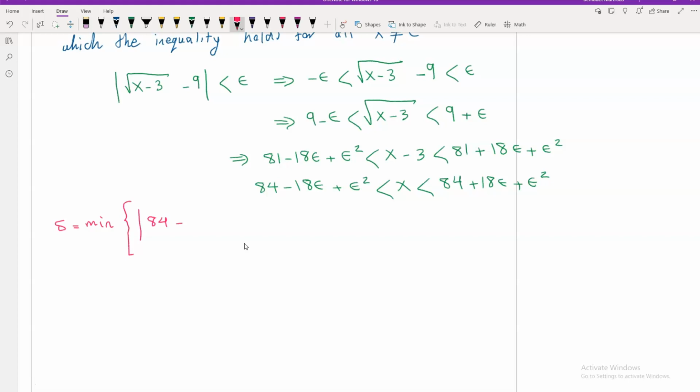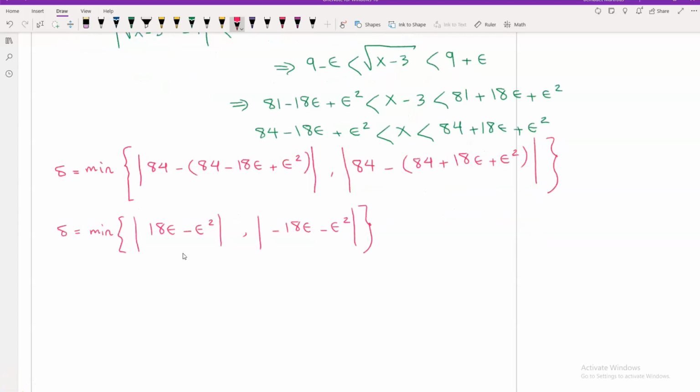Our endpoint is 84 minus 18 epsilon plus epsilon squared. And here we have absolute value of C minus 84, what we have here on the right side. So it's 84 plus 18 epsilon plus epsilon squared.